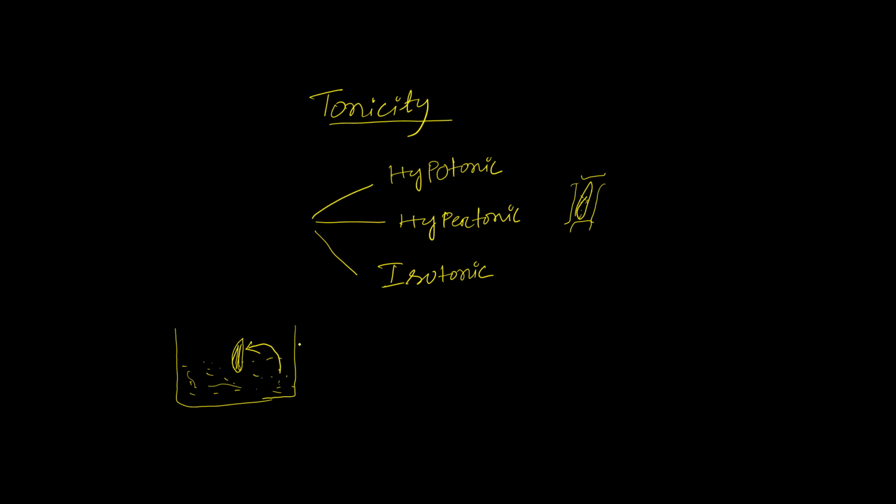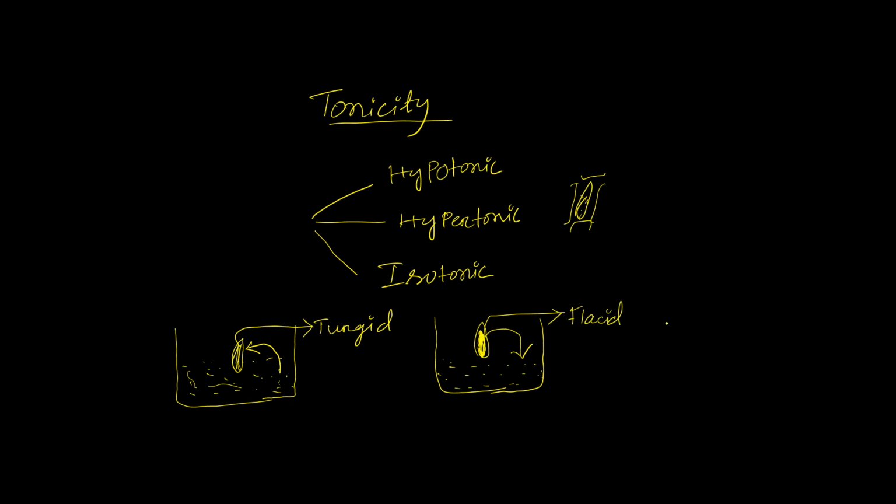Then the cell will become turgid. Then we'll talk about the hypertonic solution. This is the plant cell. In this condition, hyper means more, so the plant cell has more solvent, so where will the movement occur?